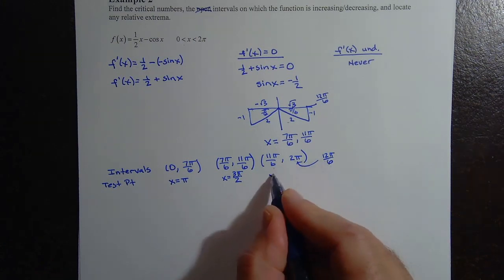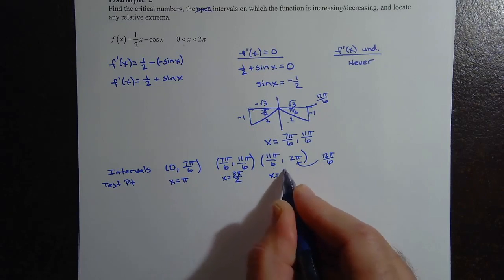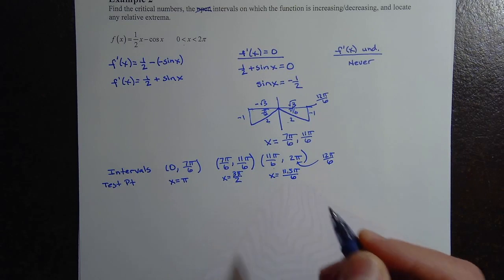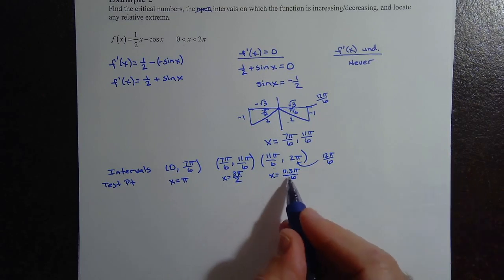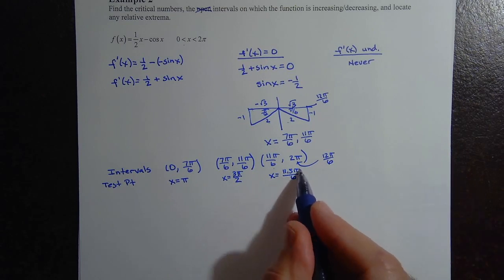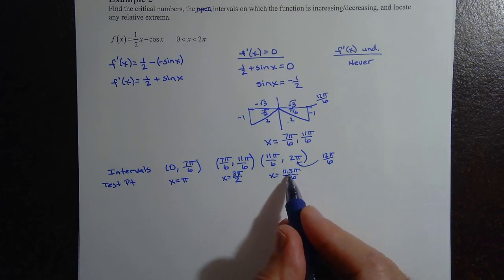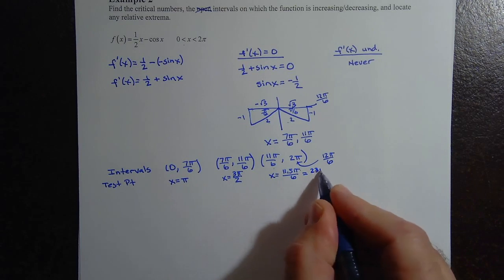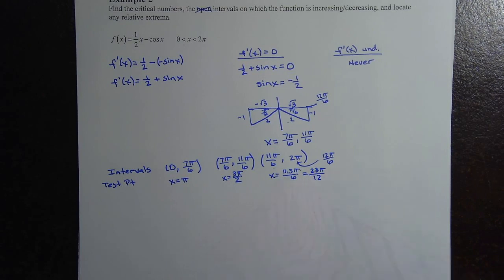So we could use something like 11.5 pi over 6. Now, it's not good to have decimals, so if I doubled the top and the bottom, that would give me 23 pi over 12. 23 pi over 12 and 11.5 pi over 6 are the same.